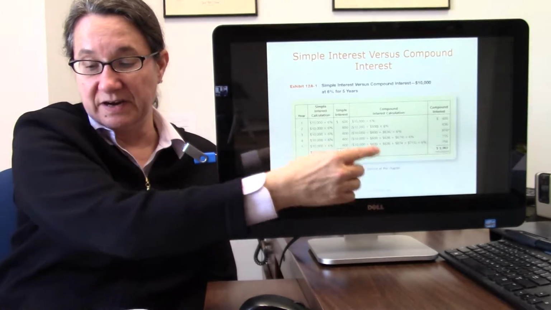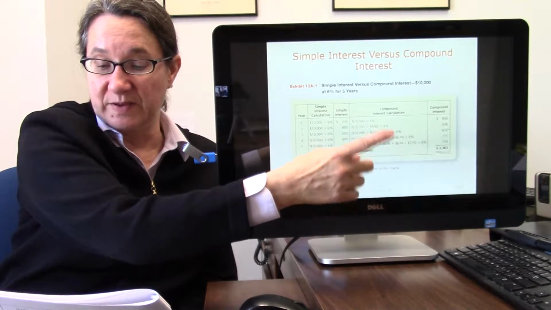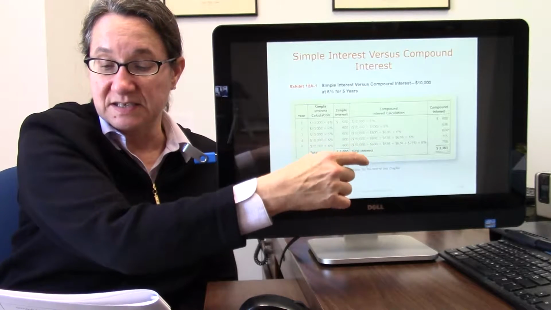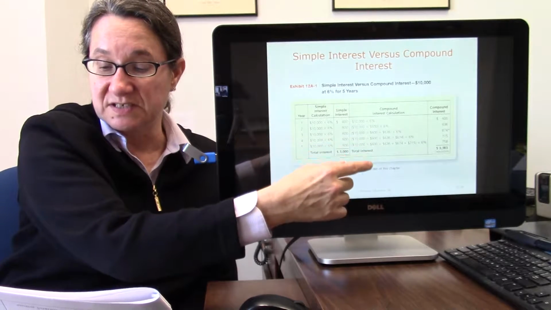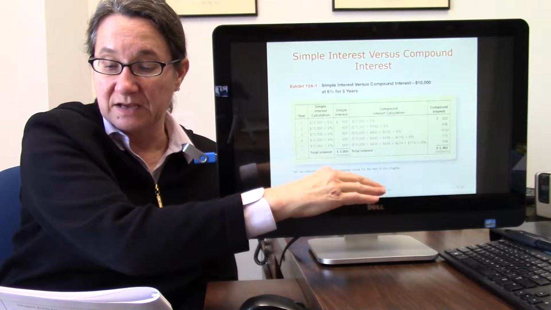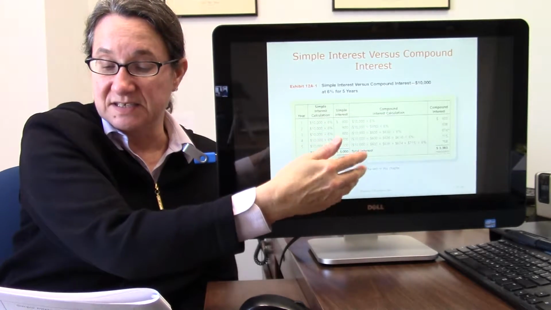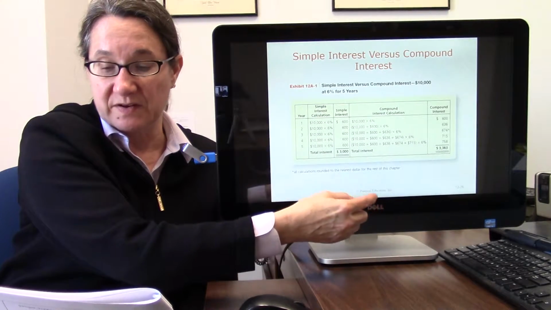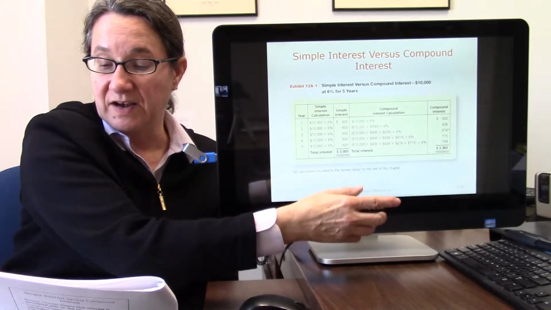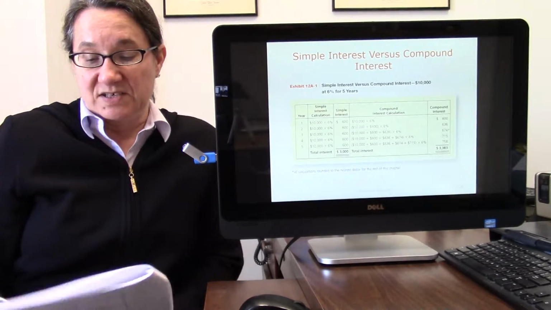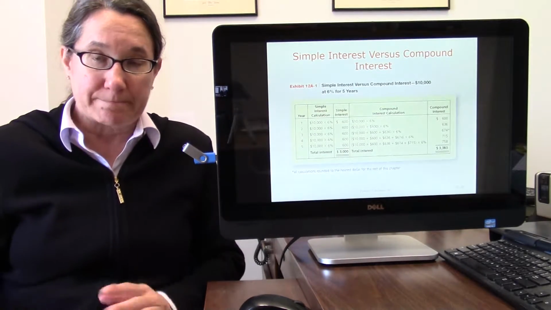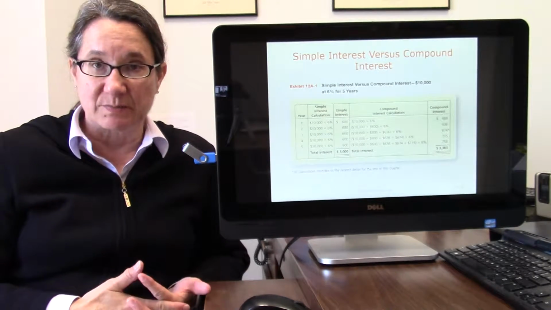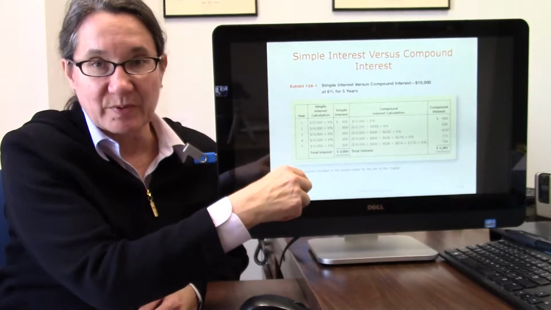You leave the interest in there, and the first year you get 600, but then you put it back in, so interest compounds on 10,600, which means the next year's interest is 636, which you add back, right? And then the next year's interest is 674, and so on and so on. So till you ultimately, your total interest compounded is 3,383. So quite a bit more, actually more than 10% more than the non-compounded interest, than the simple interest, which is what we call this first column.